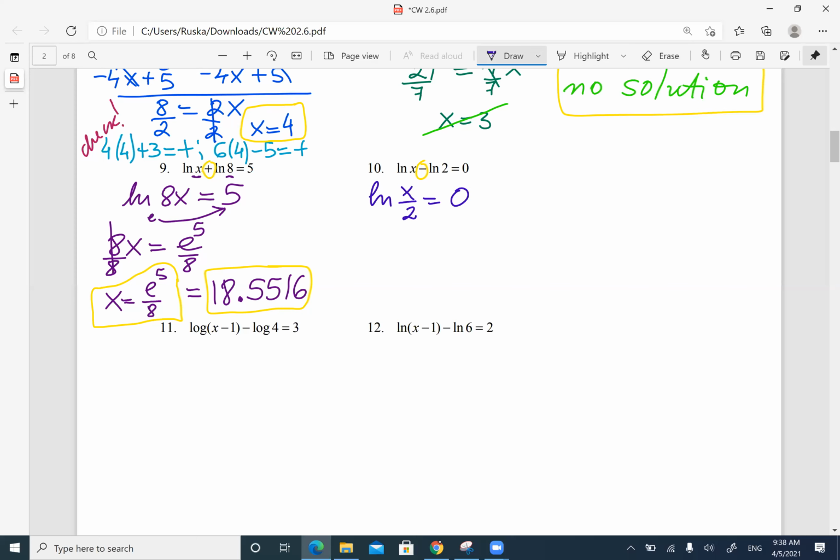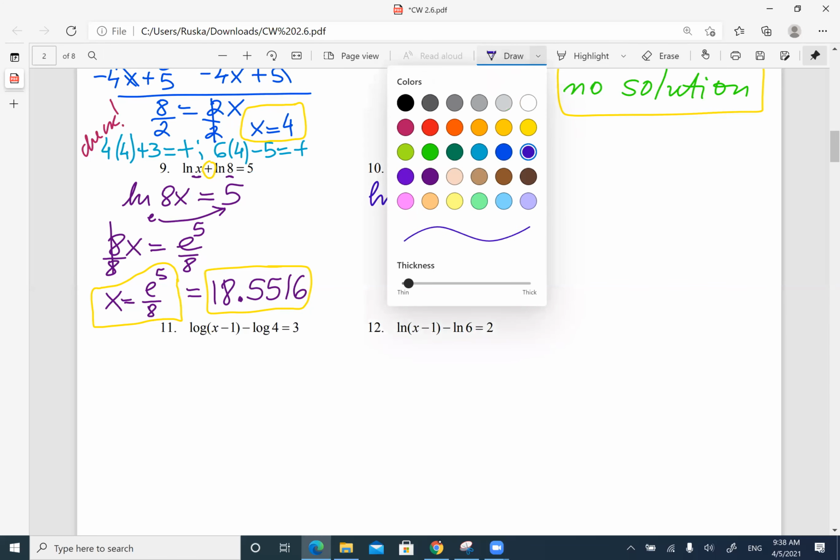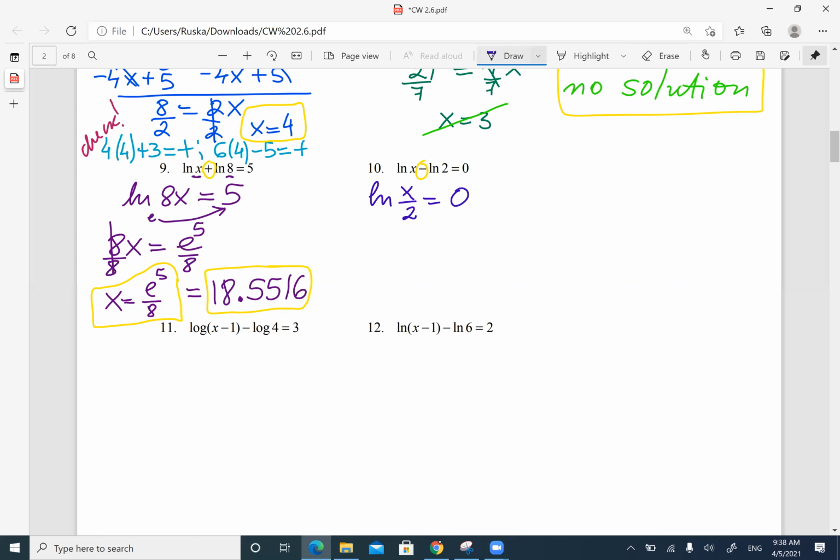I'm skipping steps. Okay, ln of x over 2 equals 0. And then here we're going to switch it. Remember the base is e, so we're going to get x over 2 equals e to the 0.